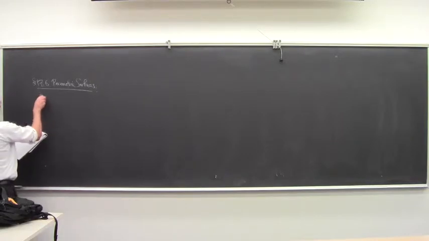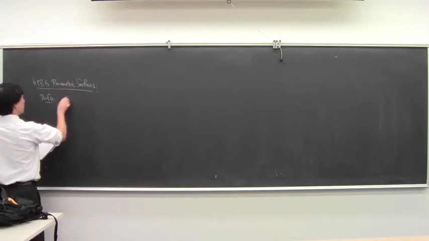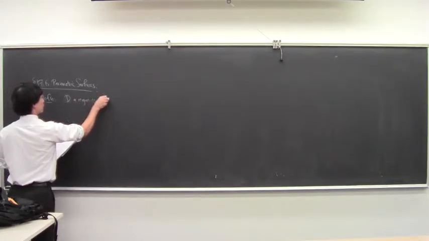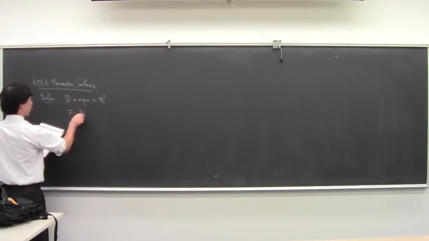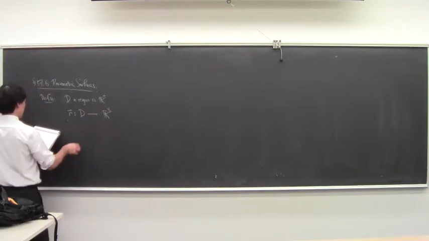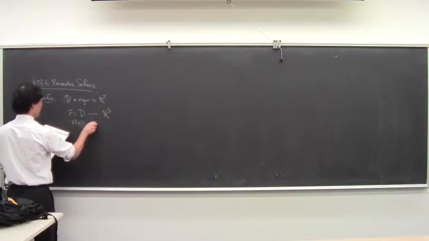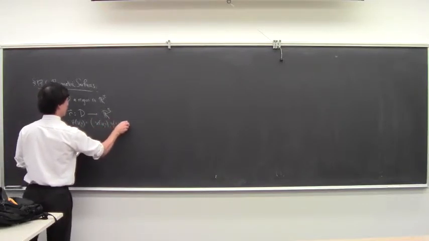Okay. So let me put up the definition. So you have some D, a region in R2, and you have a function R going from D into R3, where, say, R of u, v is x of u, v, y of u, v, z of u, v.